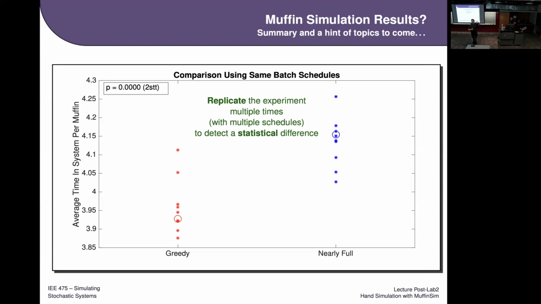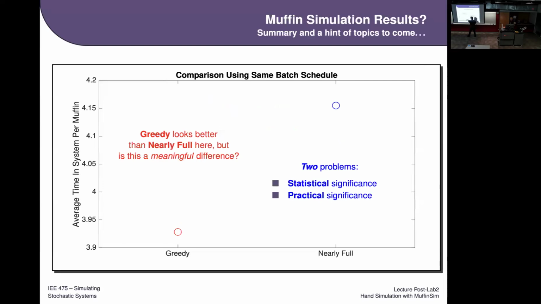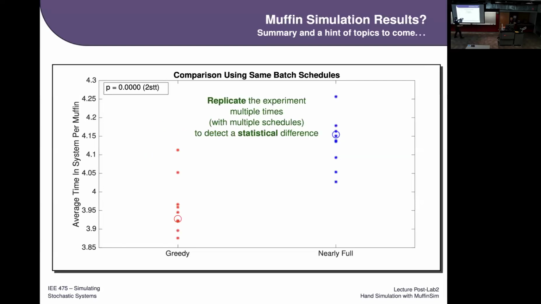Some of you had 5 muffins arriving on day 1, others had 10 muffins arriving on day 1, and so on. If we take all of your data from lab 2 and put it on one graph, this is what you get, when I run all 10 of those schedules and aggregate them together. This circle here was the original one, and I've just added the other 9 to it.